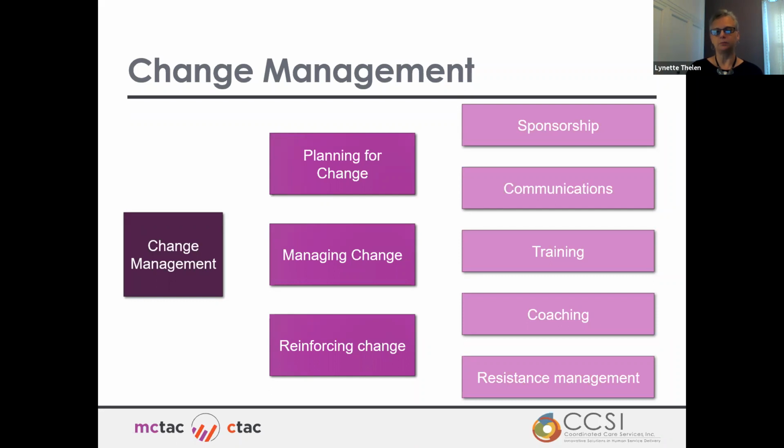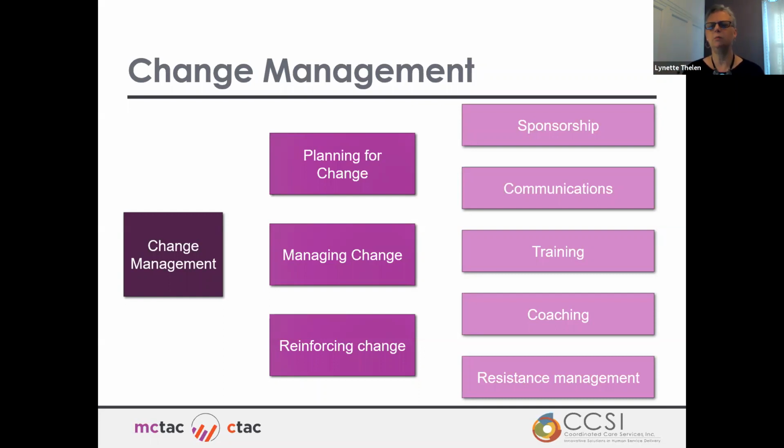All too often, we go through a project and there's this focus, and it's like, oh, we're going to do this thing. Yes, it worked. That's great. And then if you don't reinforce the change, have some things in place to make sure that there's checks and balances that it is happening, it can just kind of fade away. So just know that change management is the entire cycle.